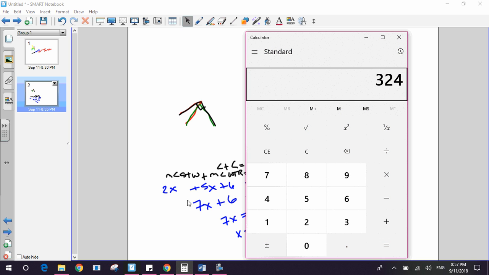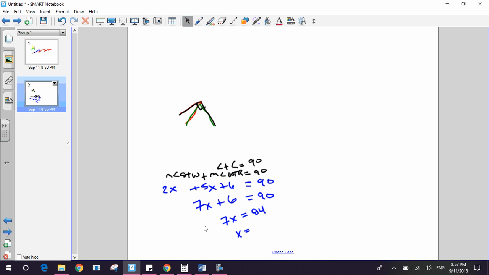I can't think of multiples of 7 that have a 4 on the end. 12. Yep, 14 too. Yep, makes sense. So x is equivalent to 12.